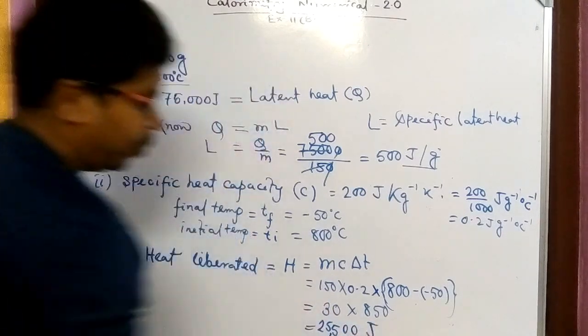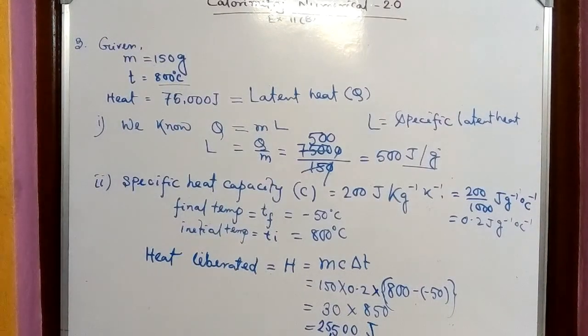So this much amount of joule heat energy you have to liberate to take that metal to minus 50 degree centigrade. Okay, I think it is a bit clear for you.